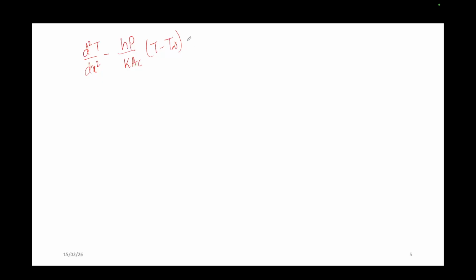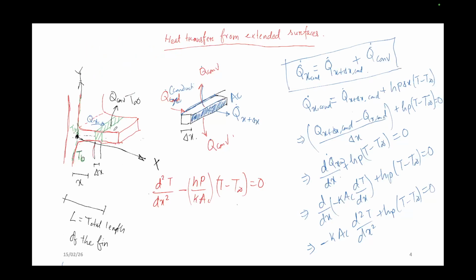What is T infinity? What is T? No, base temperature is TB. T is the temperature at this point, anywhere at this point. This is the surface temperature of this block, TB. So T is unknown to us.